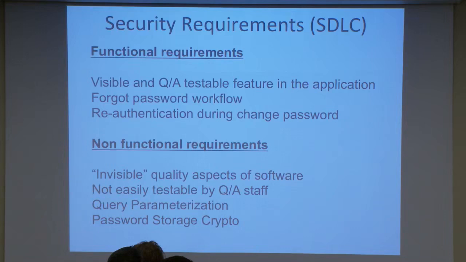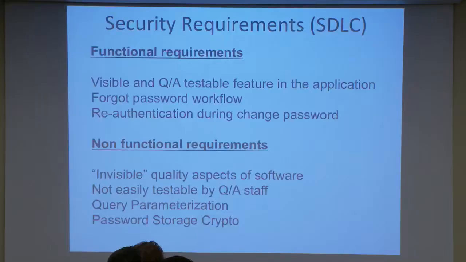Any standard user will run across this security feature. This is something like the forgot password workflow. When the user has forgotten that password, they trigger forgot password, they enter in some information, they're given a link or go through some workflow. We can test that by QA staff pretty deeply. Also, like re-authentication during a change password feature. Security features that are functional that we can test.